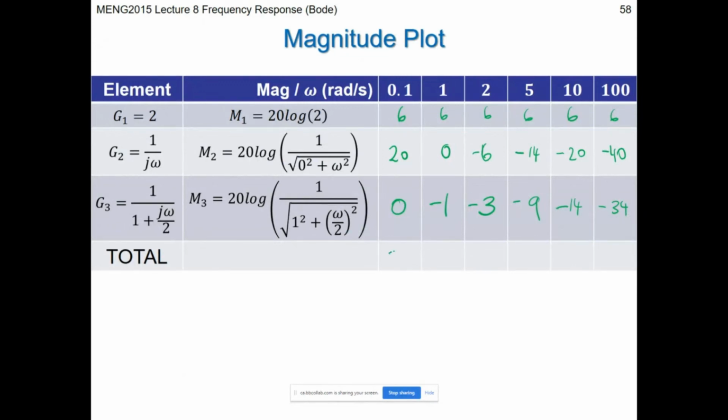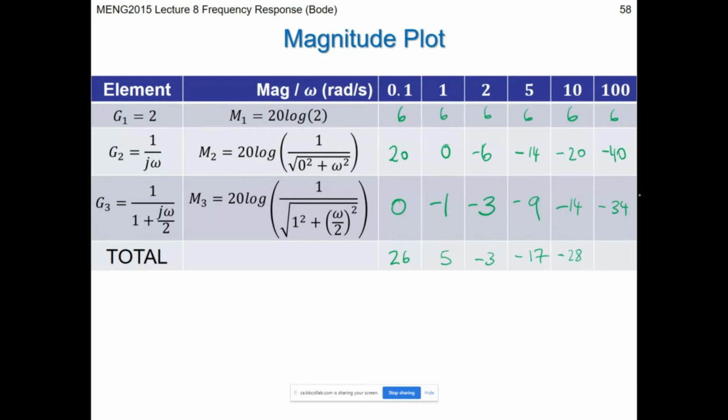Right, so now we can add these up. 26, 5, minus 3. Is this minus 23 plus 6 is minus 17, I think. This one is going to be minus 34.